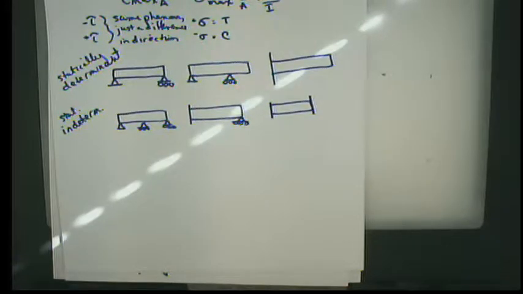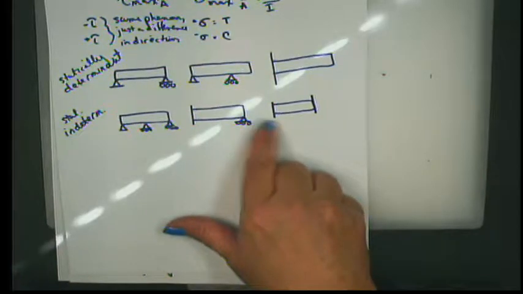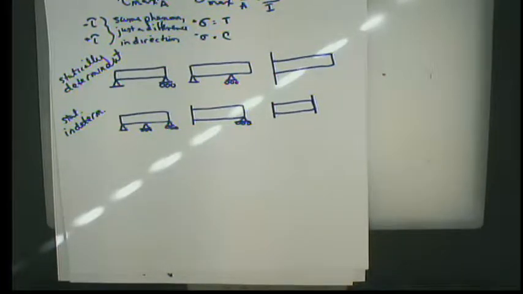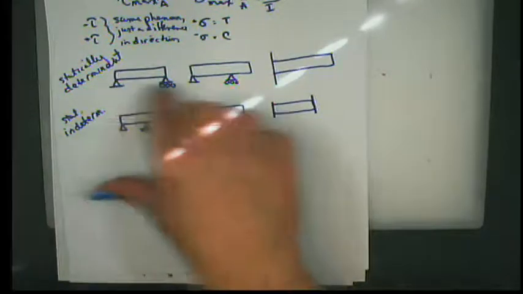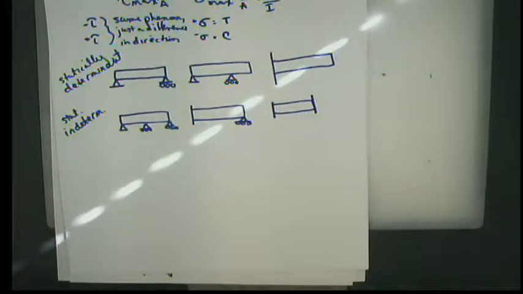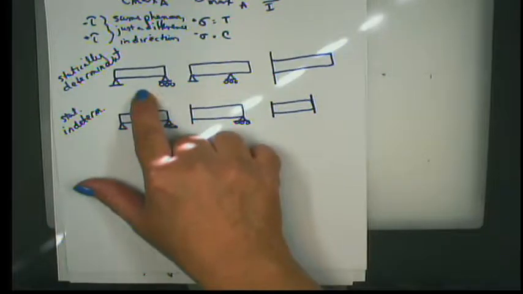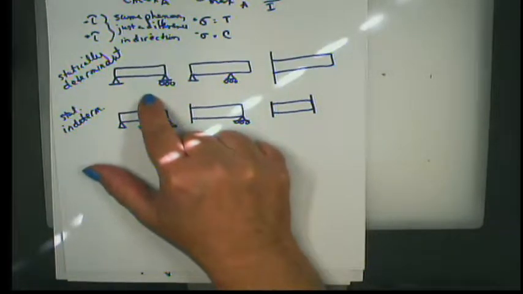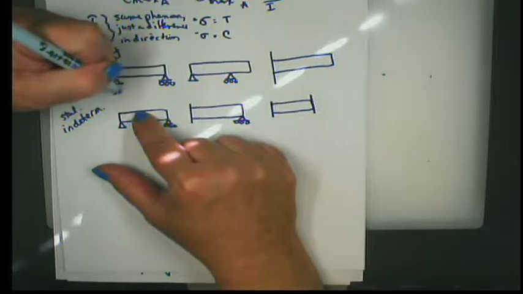Basically, we're going to have to use some method of deflection to determine the reactions in these types of beams. So we really like the statically determinate beams. And we're going to start our discussion today with a simply supported beam.